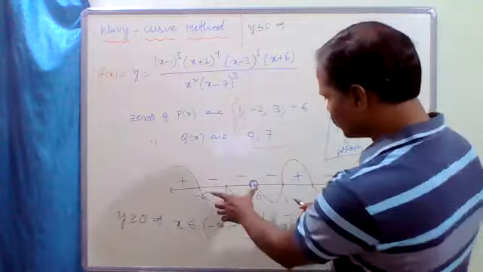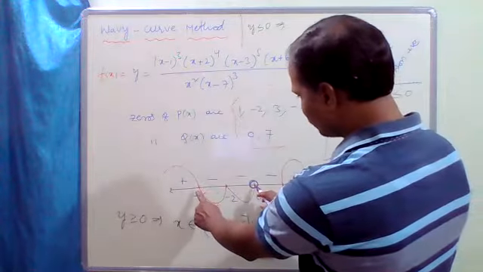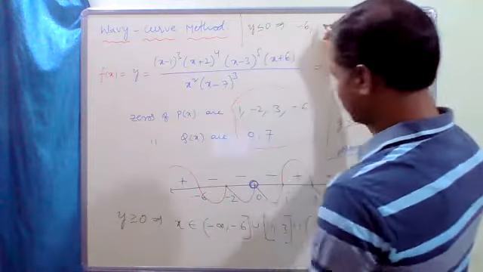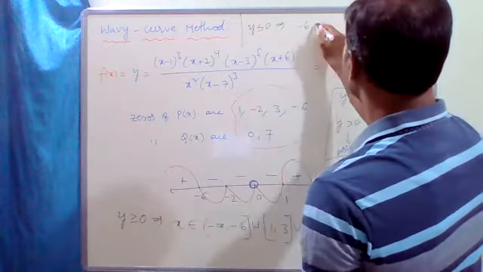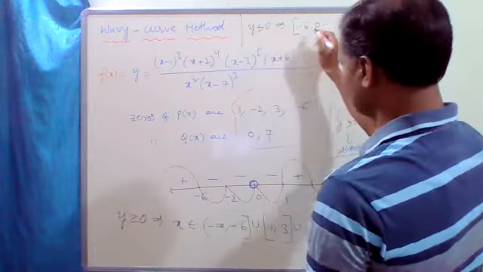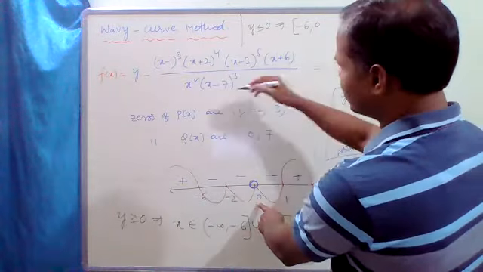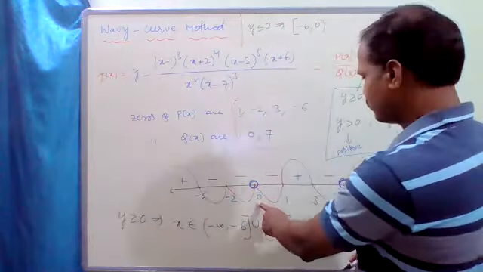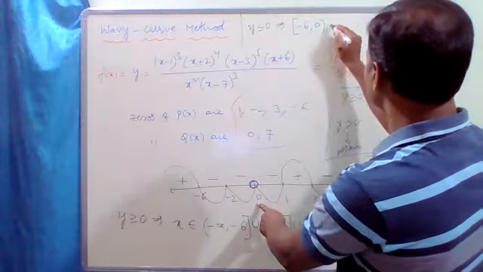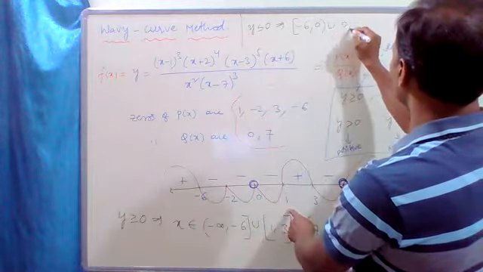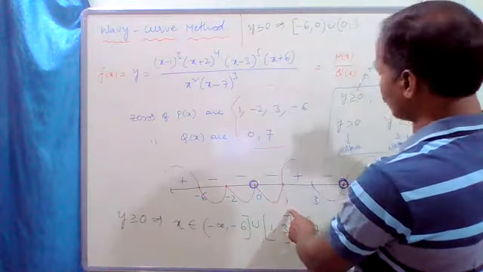So you can write continuously from minus 6 to 0. Minus 6 is closed. 0 is in the denominator, so you should write open. Again union, 0 to 1. 0 is already open.